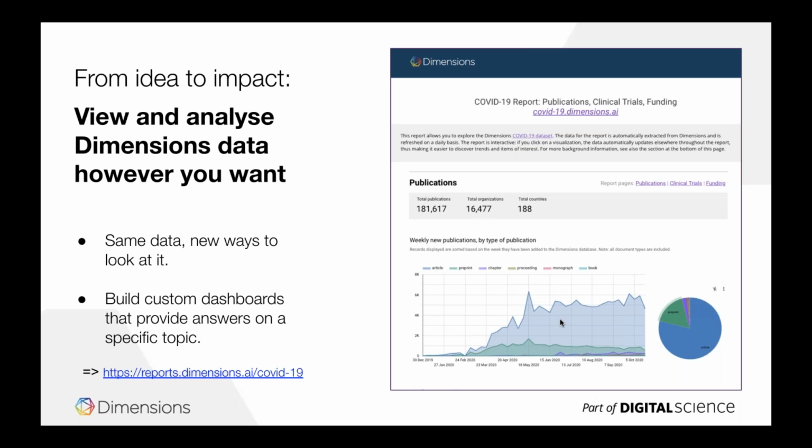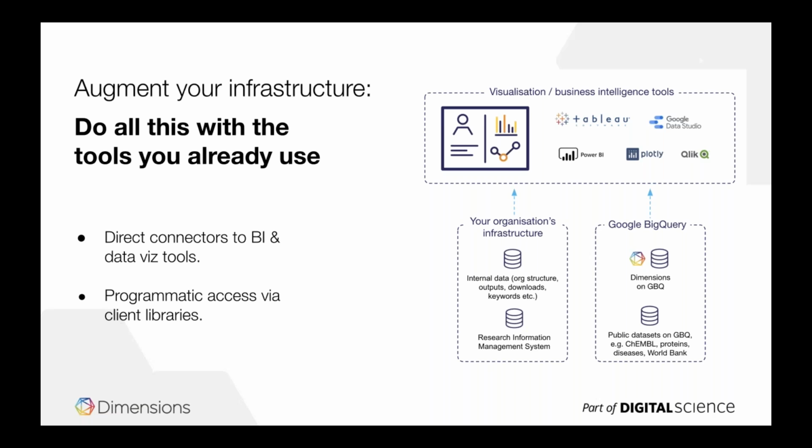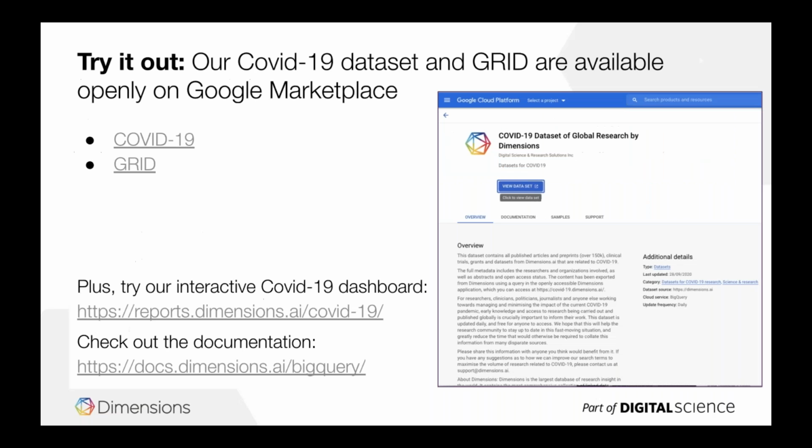That's a really good way to get started with Dimensions on Google BigQuery. As I mentioned, you can use a number of visualization tools and BI tools, things like Tableau, Plotly, Qlik, whatever you can think of. It probably already has a connector for Google BigQuery.